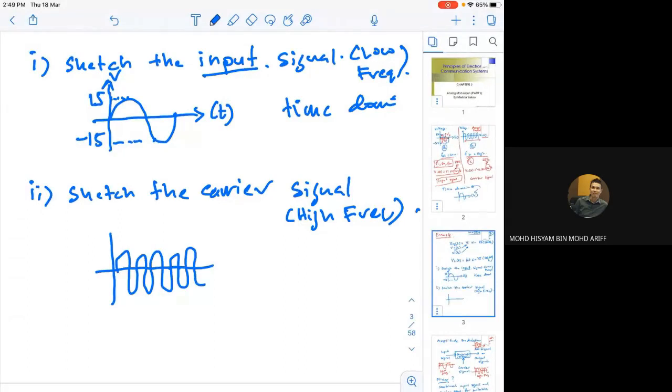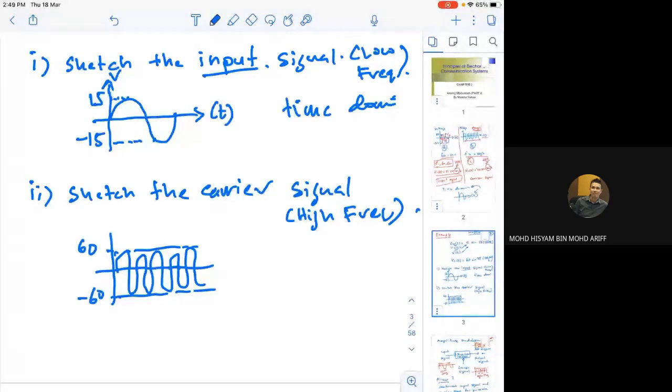A lot of signal cycles, but the height is the same. How to draw? This one becomes 6 here, negative 6 here. Sketch the carrier signal. Okay, you manage.